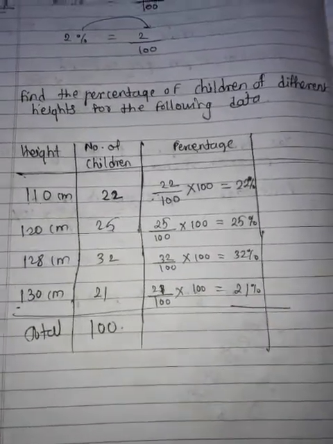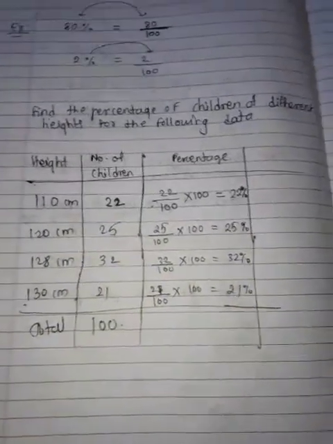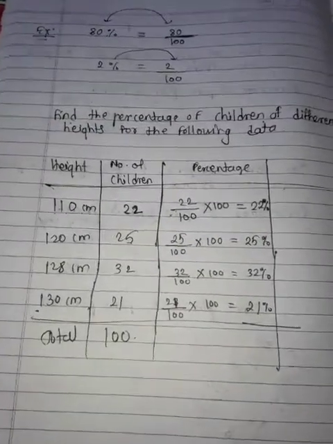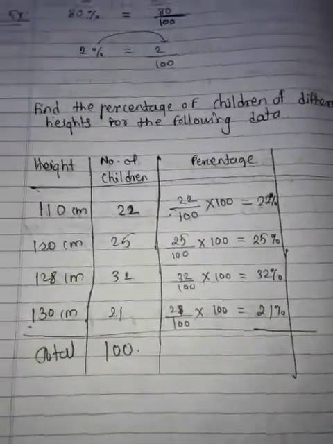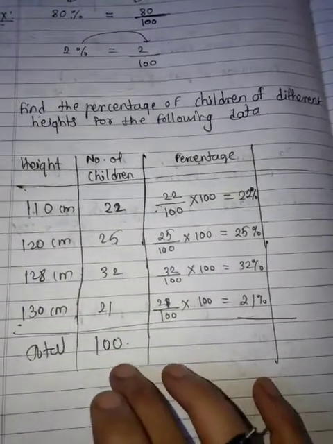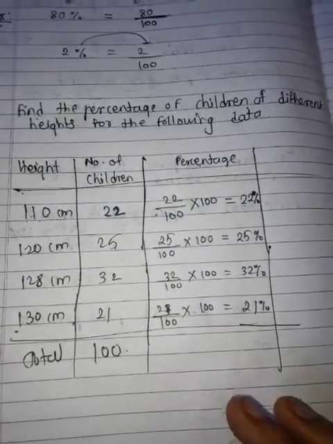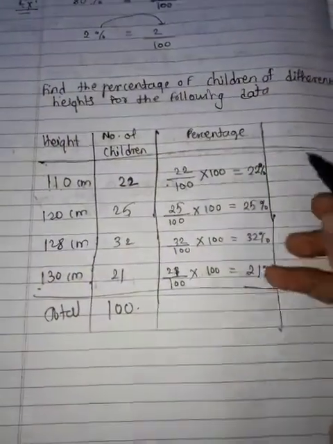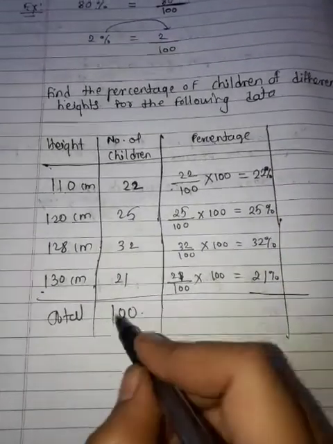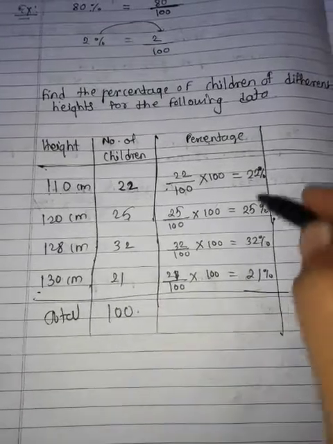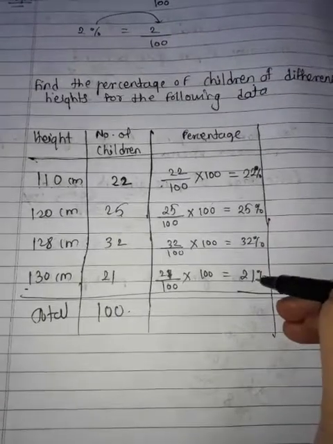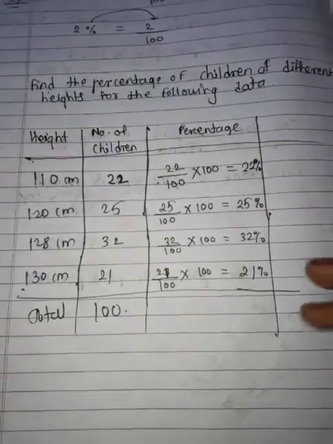Now see, we have found the percentage of children of different heights. Now we have found the percentage of all these 100 children. Remember that if we add all the parts of the whole, see there are whole 100, these are percentages, then we always get 100%.